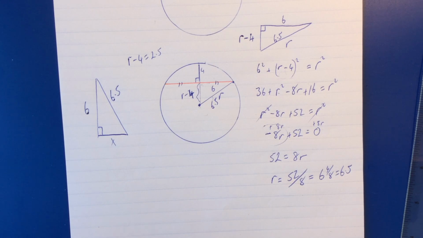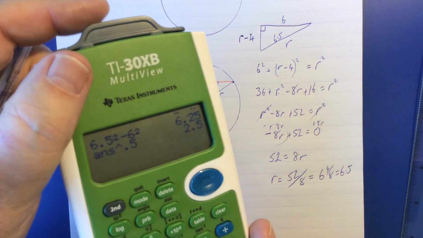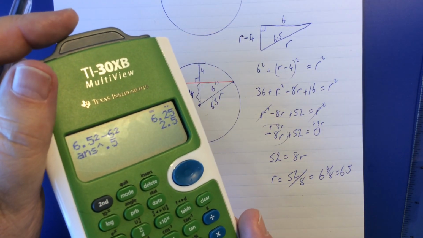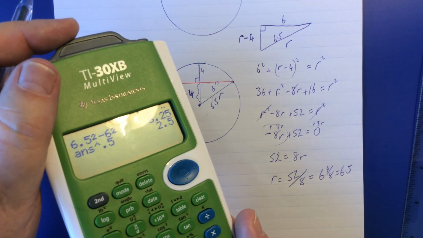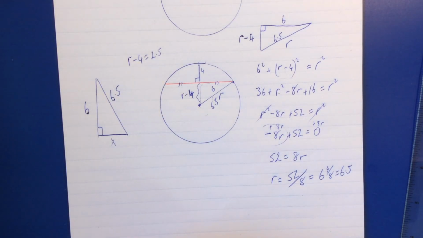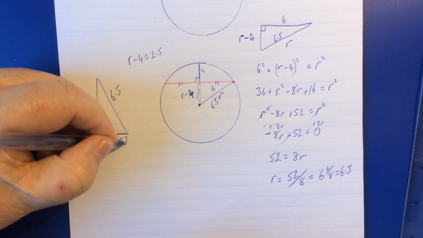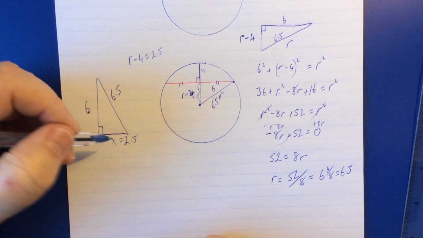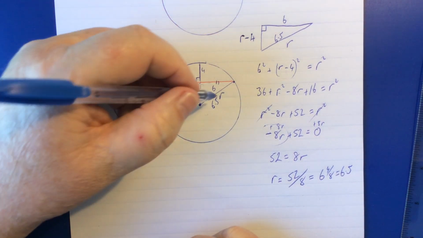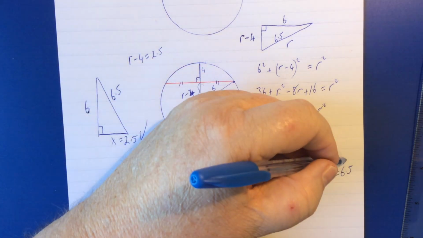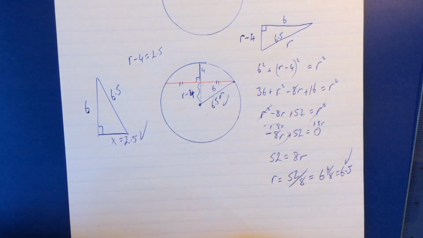We find the square root of that and we get 2.5. There we are. There's the working in there on the calculator. Hopefully you can see that. X is equal to 2.5. Well, that's a tick. That's a tick. And that's a tick. 6.5. And that is how this problem is solved.